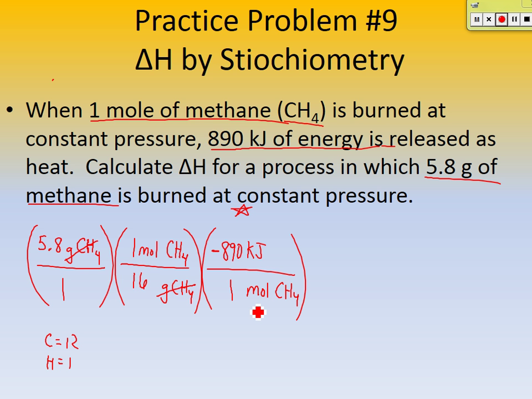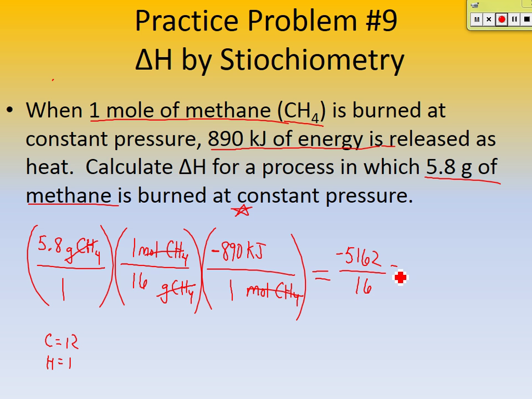And now if we look, our moles of CH4 cancel out, and we can cross multiply that and figure out how many kilojoules of heat will be released. So let's put that in our calculator. We got 5.8 times 1 times negative 890. So on the top I get negative 5,162. And on the bottom, what's 1 times 16 times 1?